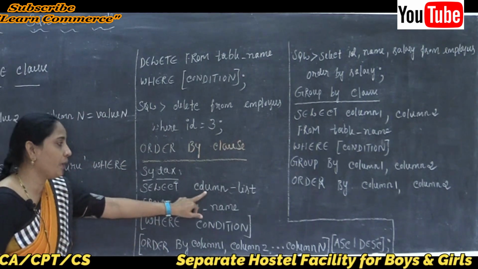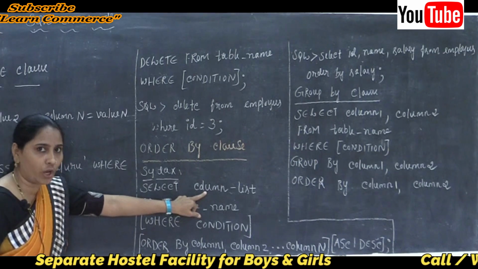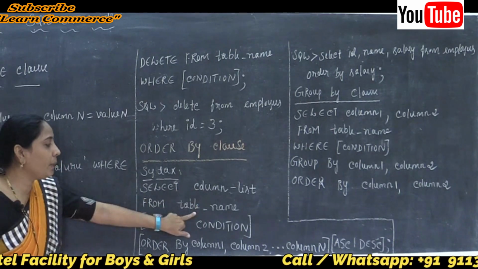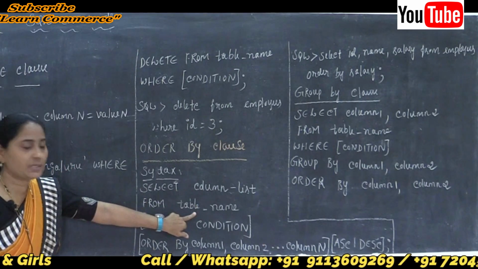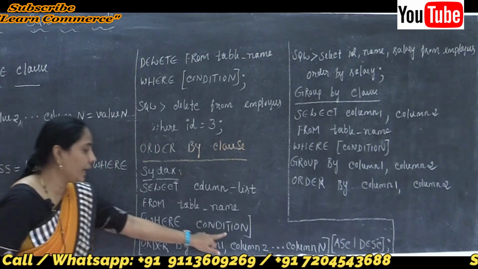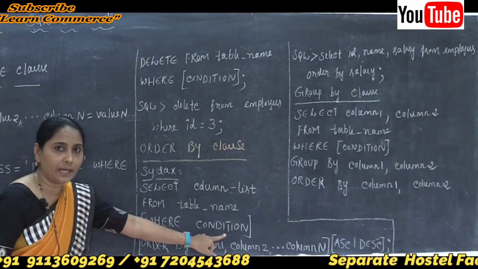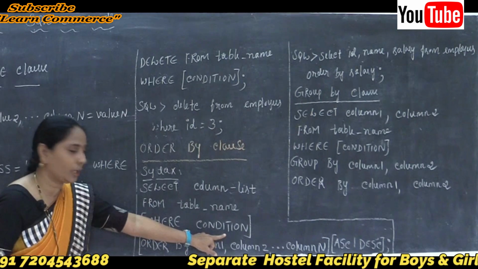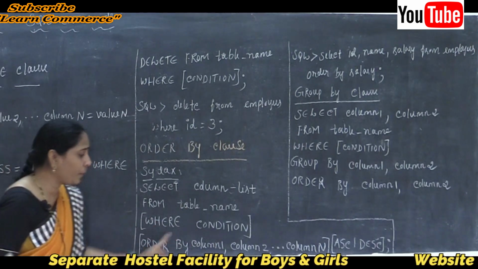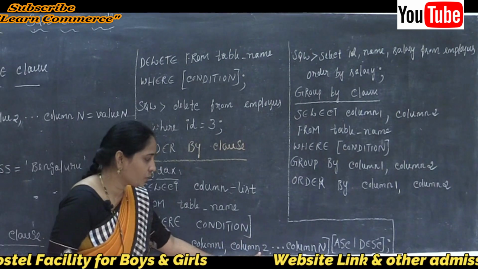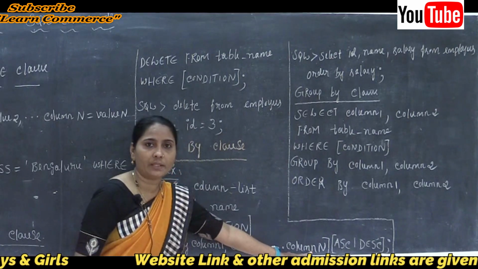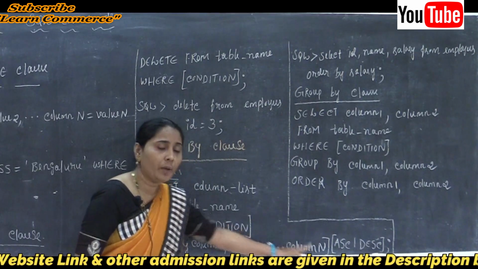So the column list, all those columns, going to select from table_name. The table name is employees, where condition, if you want to use any condition, you can use it in our order by clause. Order by column 1, column 2, column n. So one after another, if you want the columns, you can use them.